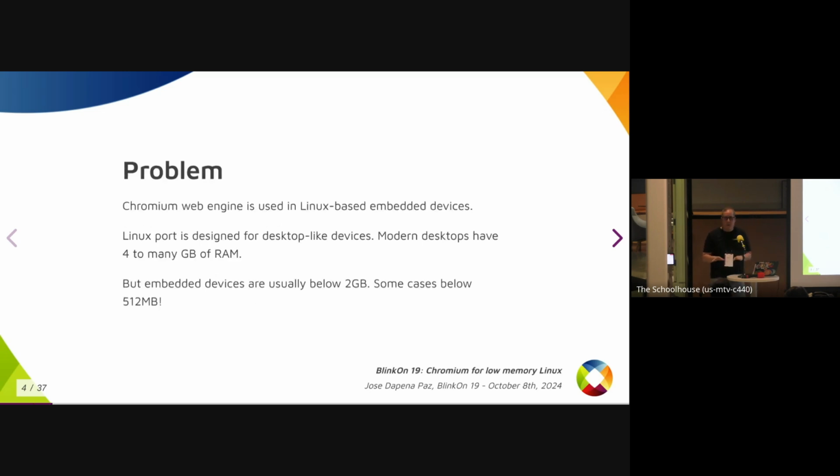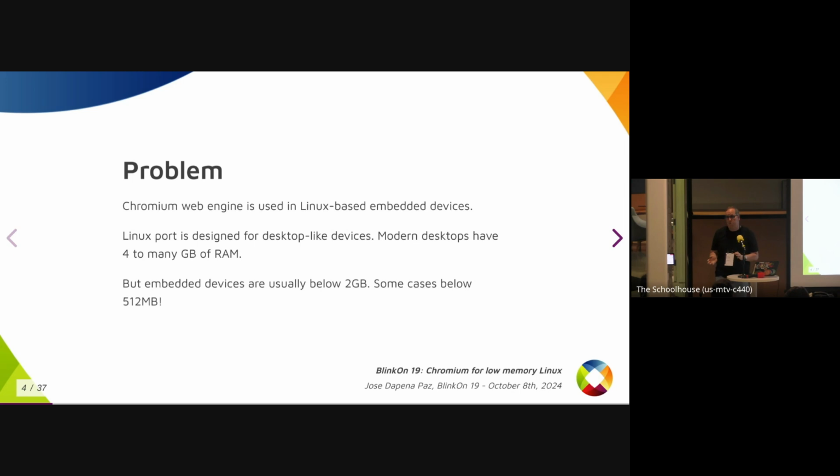So the problem we are going to talk about is, Chromium is a web engine that is used, among other places, in Linux-based embedded devices. The Linux port is mostly designed for desktop-like devices. So the main thinking about the Linux port is around that.